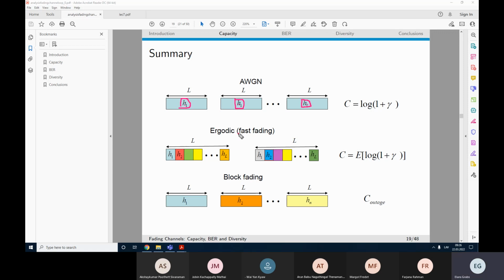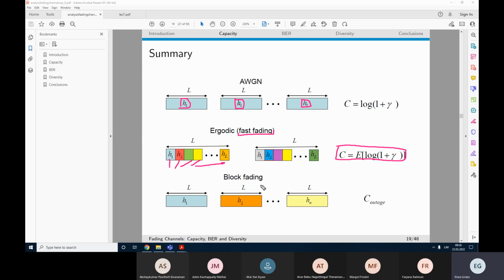Yes, if we have fast fading, yes, meaning that during our transmission the properties of the channel change very fast, yes, then we can calculate this capacity as the average of the capacities for each of these transmissions, yes.